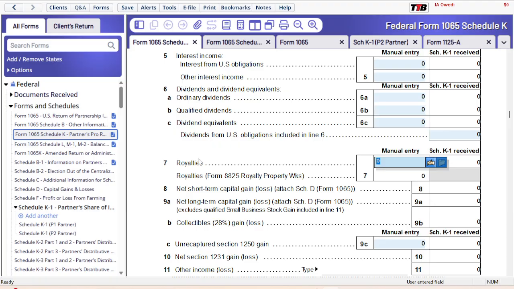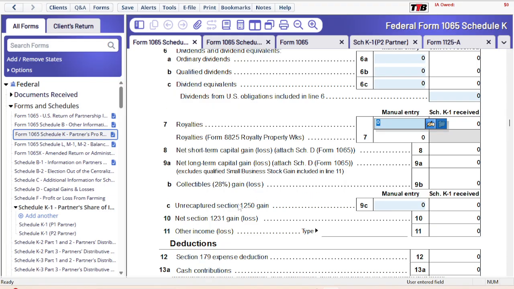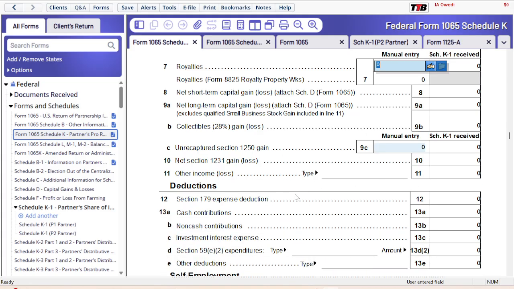And the expense related to royalty you put elsewhere, we'll come to it. Then you have the capital gain here, then you have those recaptured here and other incomes on Schedule K.